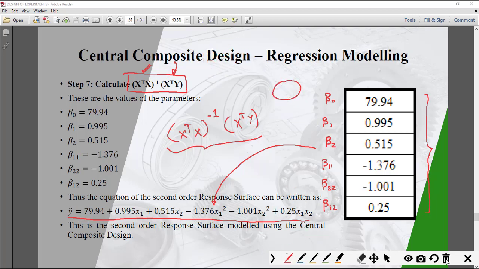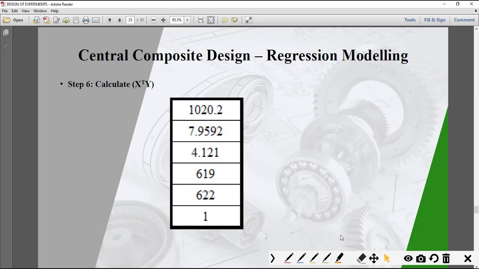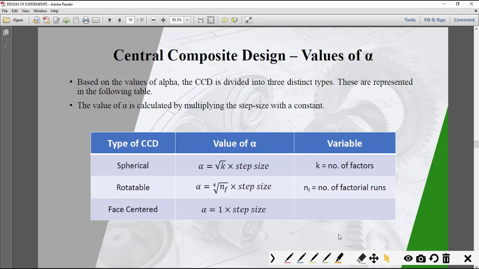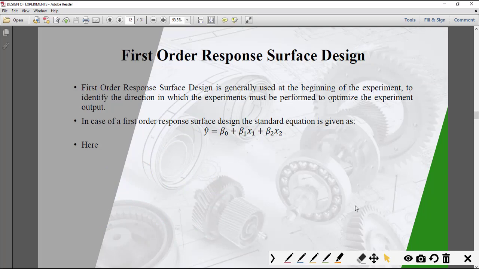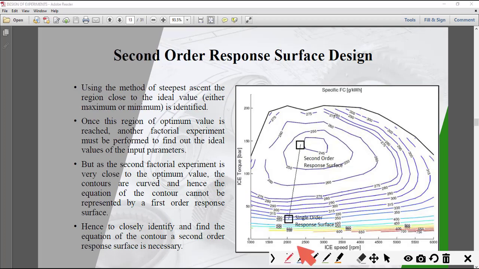If you look at this example, what we have done just now is we have found out the equation of this curve. So we now know the equation of this curve. Logically, if you know the equation of a curve, you can find out the center point of the curve, and if you can find out the center point, then you know the optimum value which you are searching for.